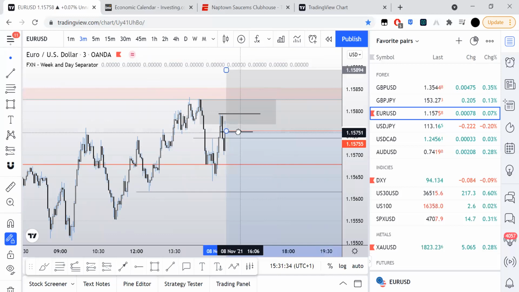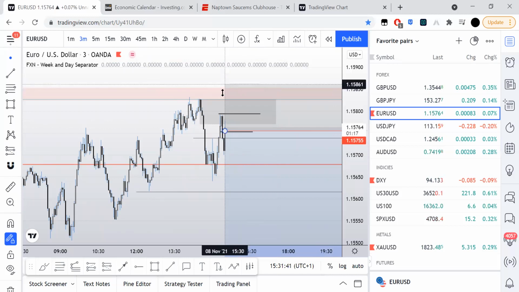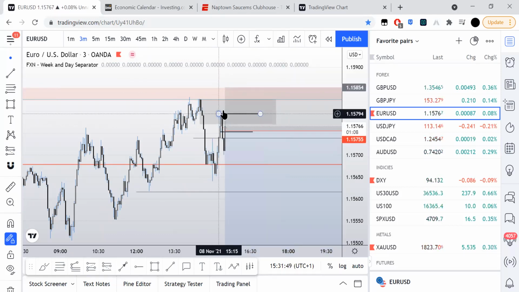If you didn't get an entry and you're comfortable with this high being held as your context, I would have entered here with my stops above here. And then I'm managing risk if it breaks above this newly formed potential order block and closes above it.